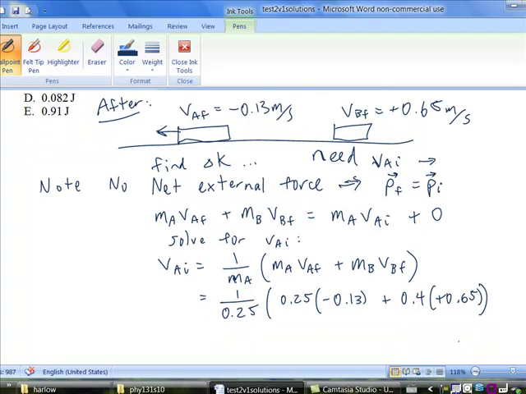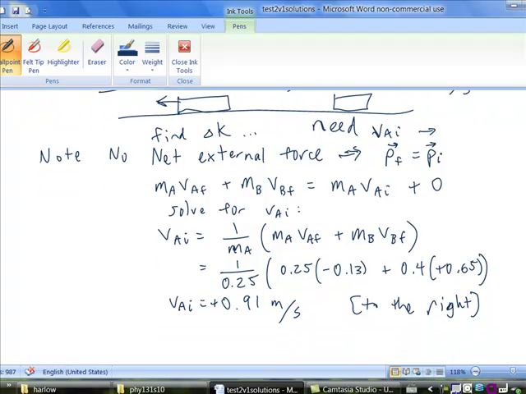Plugging all that into my calculator, I ended up with V_A initial equals 0.91, lots of zeros after that, meters per second. And it was positive, which is kind of a good sanity check, right? So this is to the right, just as the problem specified. If it had been negative, I would have been a little bit worried. But this is okay.